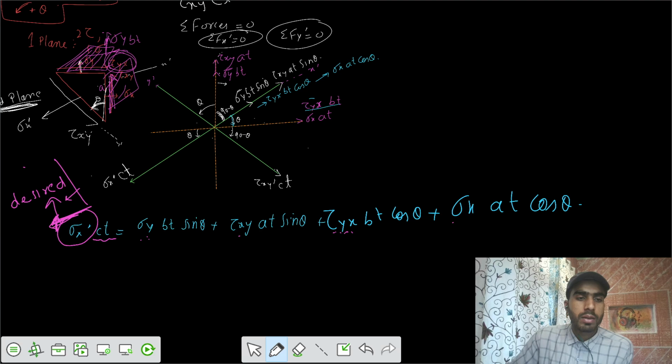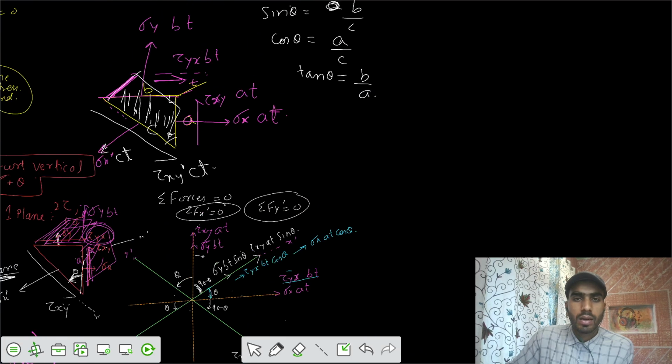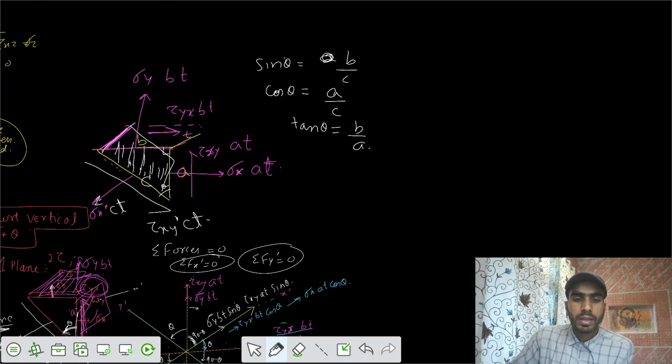So if we divide every term by C, we get B by C and A by C. From the triangle, B by C is sine theta and A by C is cos theta.